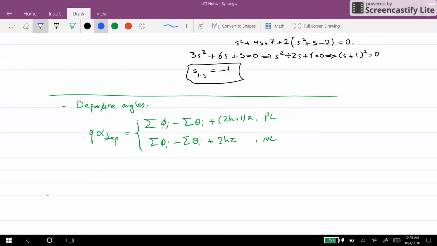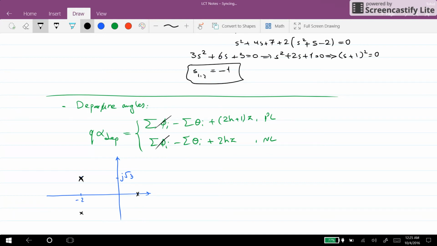So let's say that we want to find out the angle of departure for the pole at minus 2 plus j square root of 3. To find out that angle, we need to take into account the other poles and zeros. Since there is no zero in this system, the phi i's will disappear. We have two more poles if you want to find out the angle of departure for this pole.